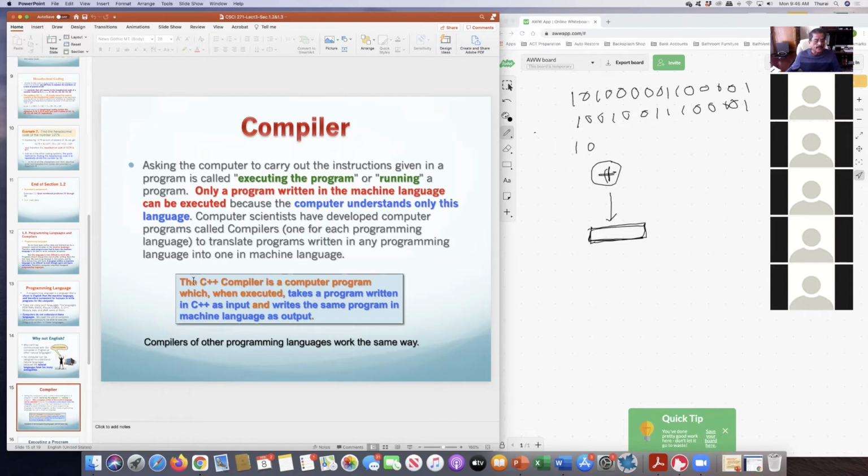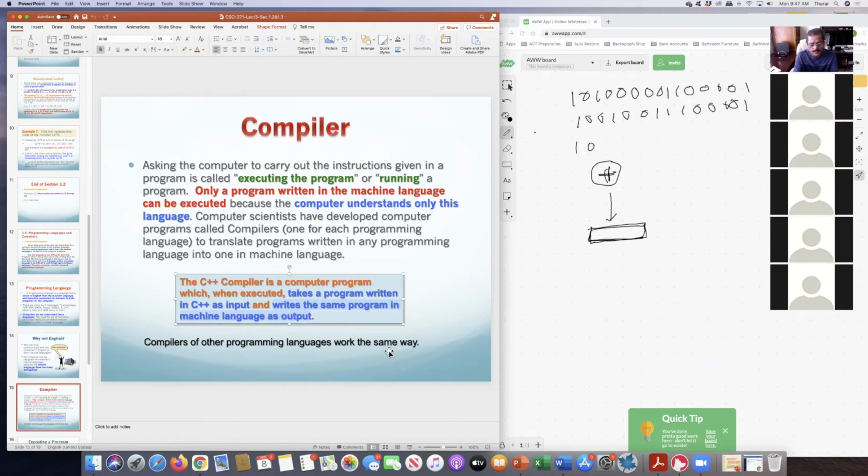So here is a full explanation of that. A C++ compiler is a computer program which, when executed, takes a program written in C++ as input. So this program will take the C++ program as input and write the same program in machine language as output. So it will translate the program into machine language and give you that as output in a file.